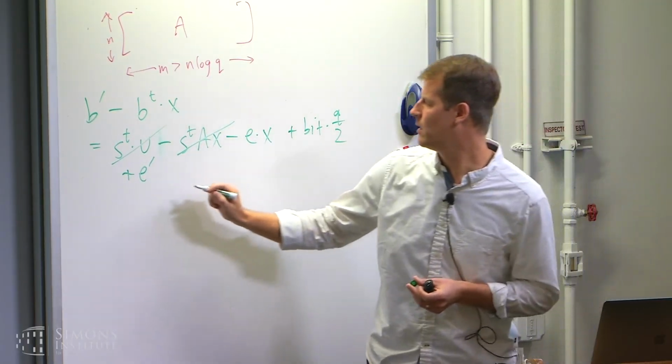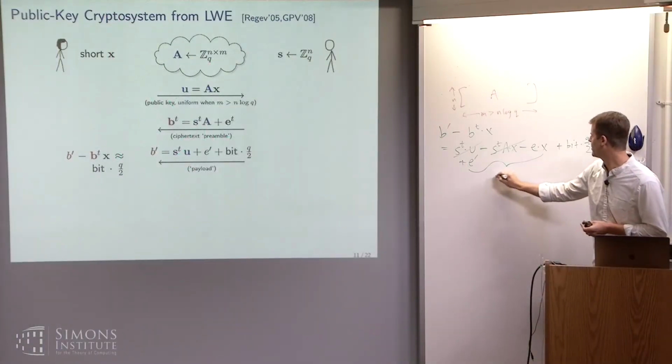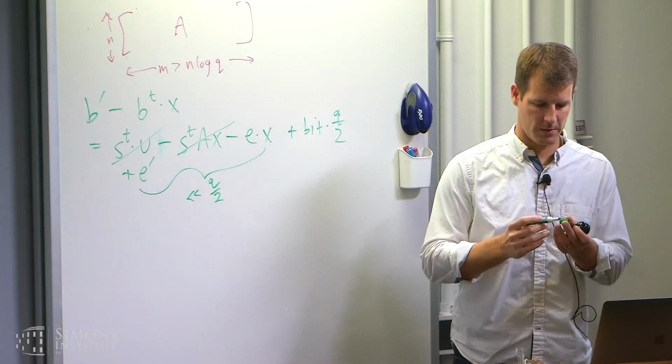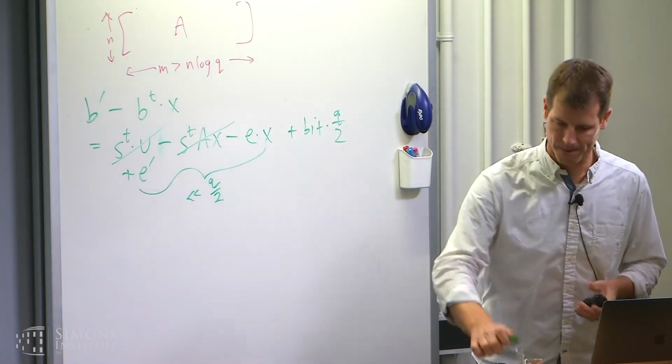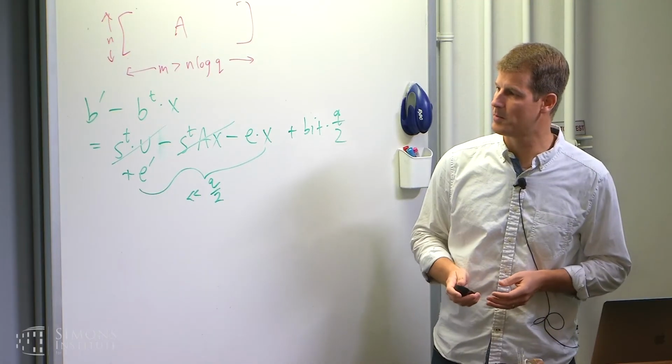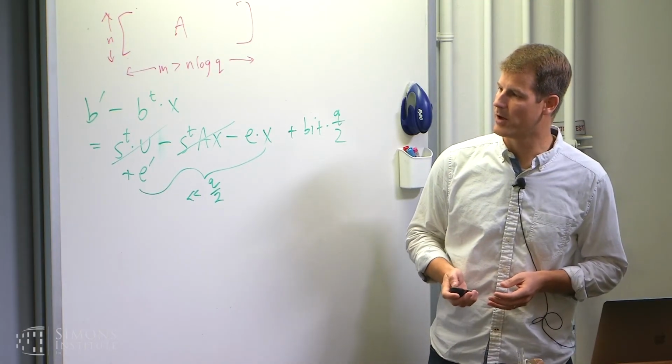These are both small, and so if these are much smaller than q over 2, you can recover the bit here. Okay. So that's why it works. This is why you can decrypt using your knowledge of x.